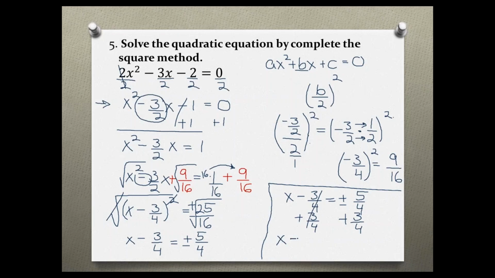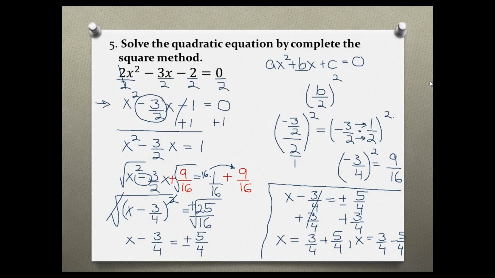And finally I got x equals 3 over 4 plus 5 over 4, or x equals 3 over 4 minus 5 over 4.